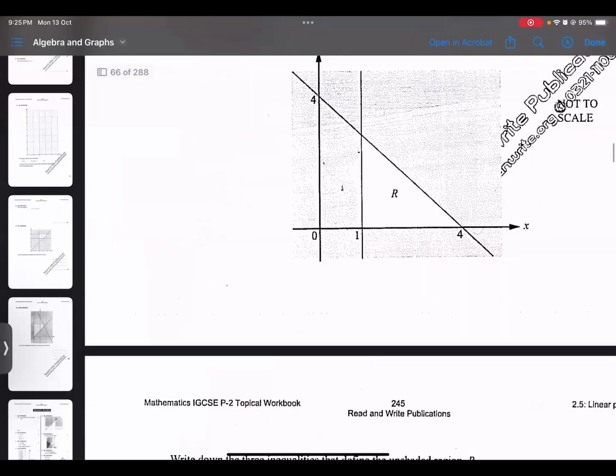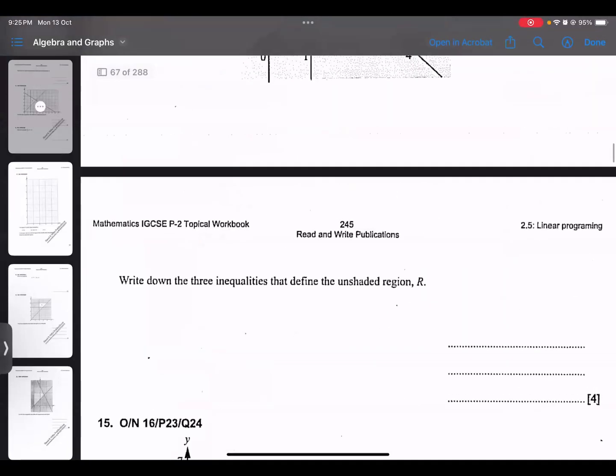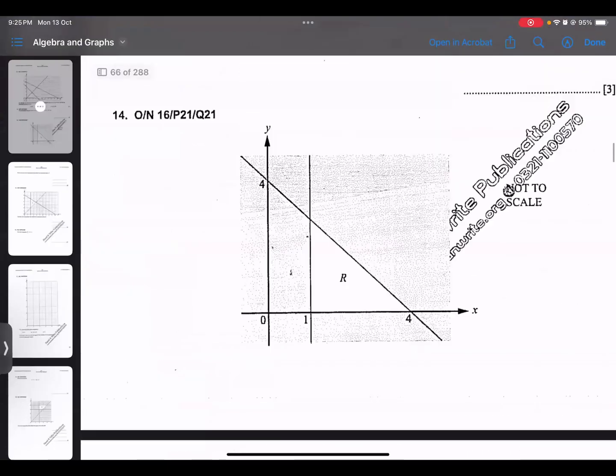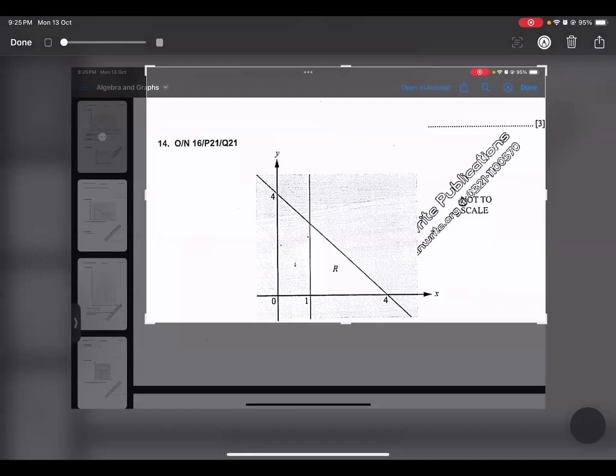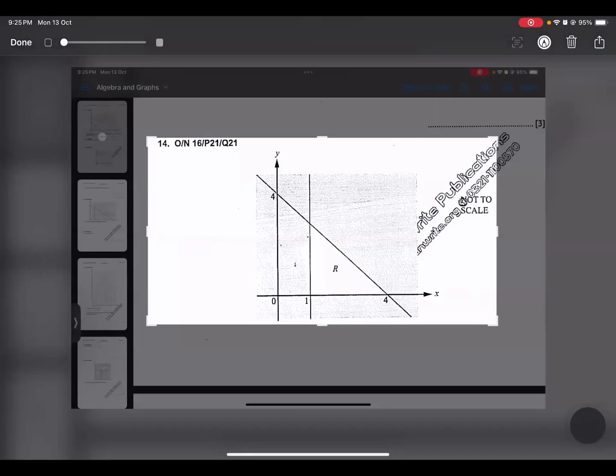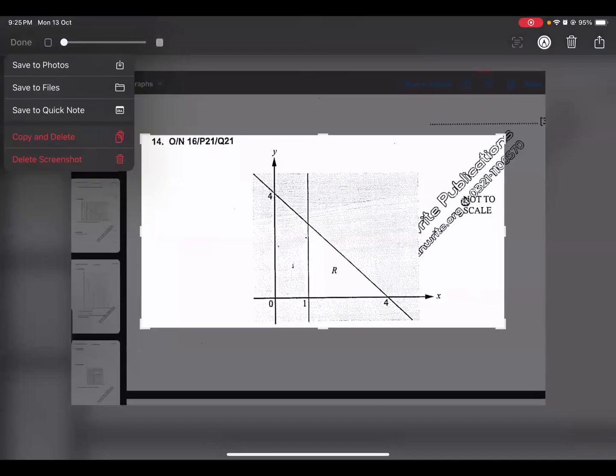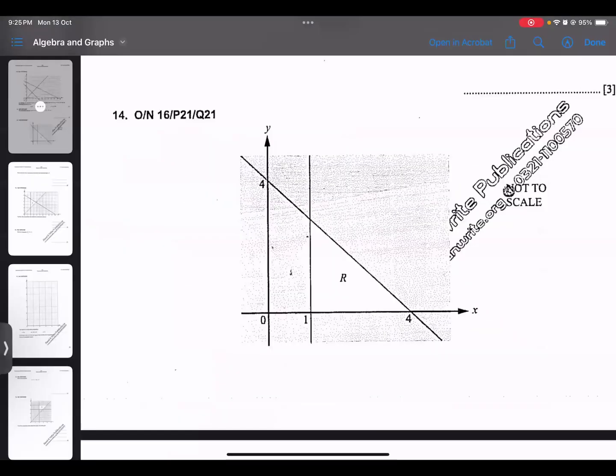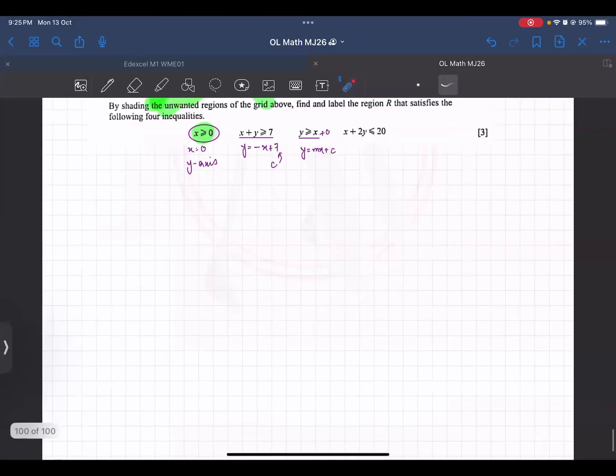Let's see what more do we have. Look, in this one, they are asking you to find the inequalities which are forming this R region. So you would have to find the equations of the lines as well and put in the correct inequalities. One is y equals 1? No, y is not equal to 1.